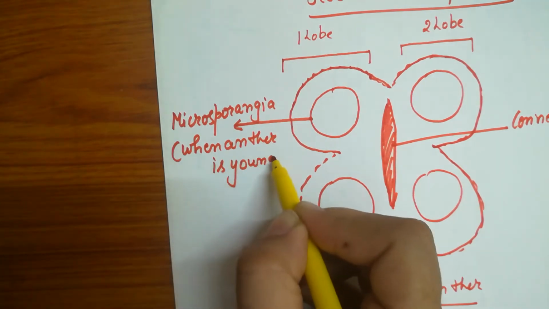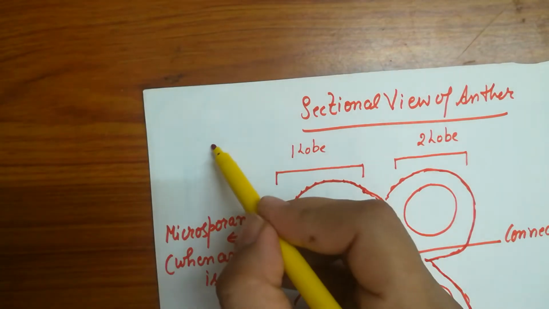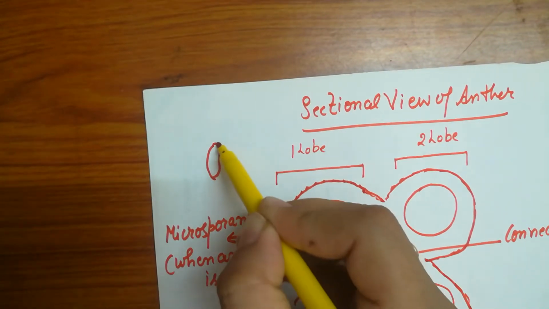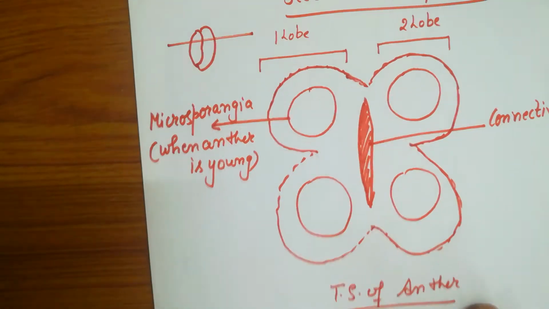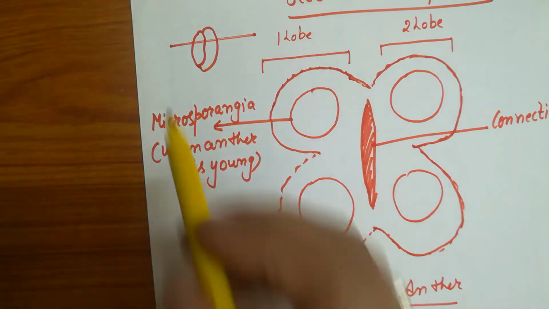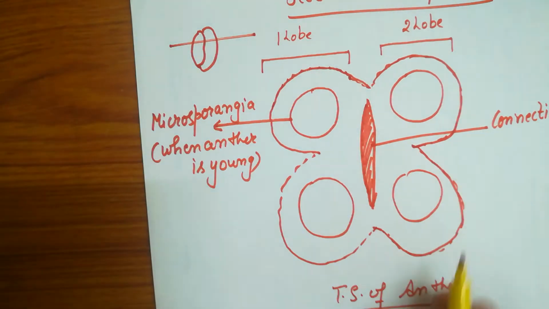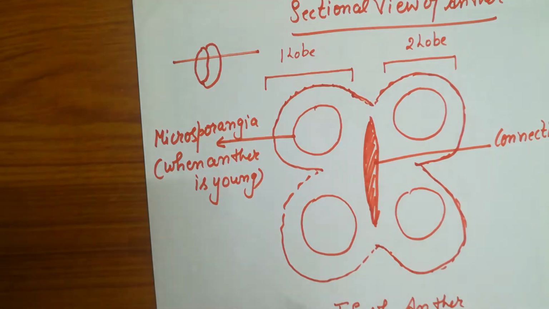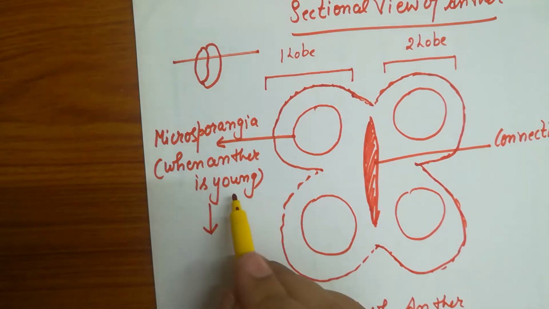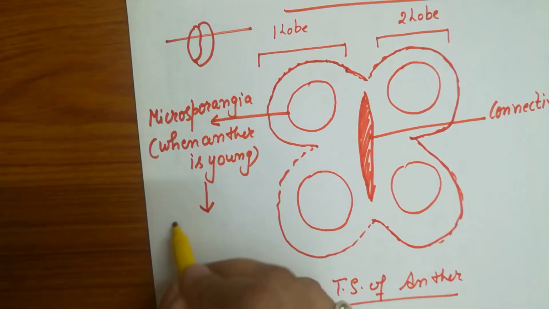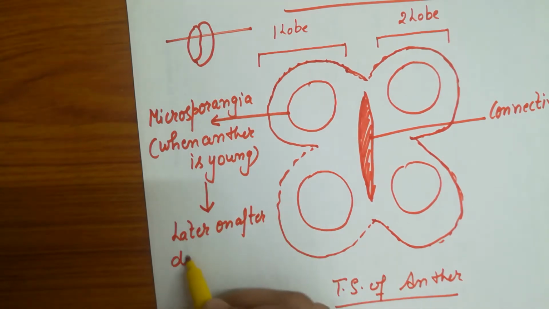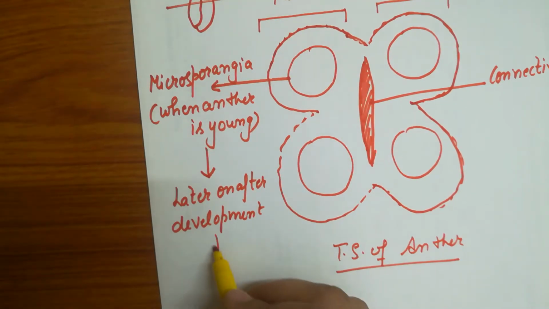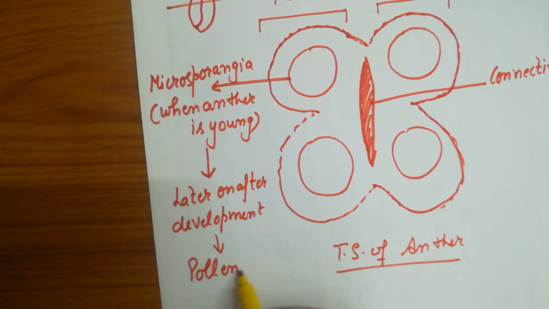Now sometimes students get confused about what a transverse section is. If we draw the anther like this and cut it like this, then this structure is easy to see. When we cut it in the transverse way, this structure appears. When the anther is young, it is known as microsporangia. Later, after its development or maturation, it is known as a pollen sac.